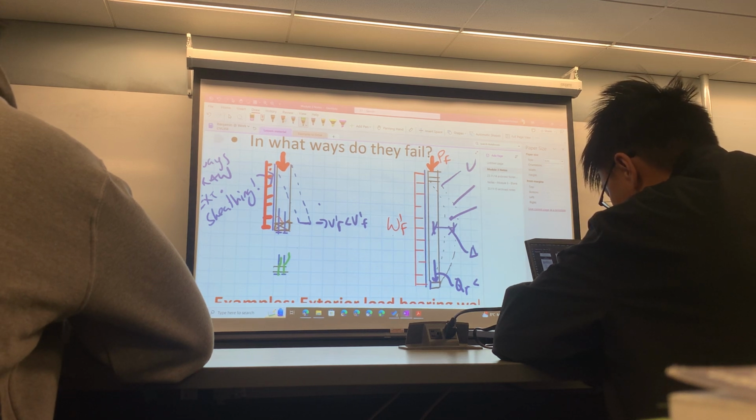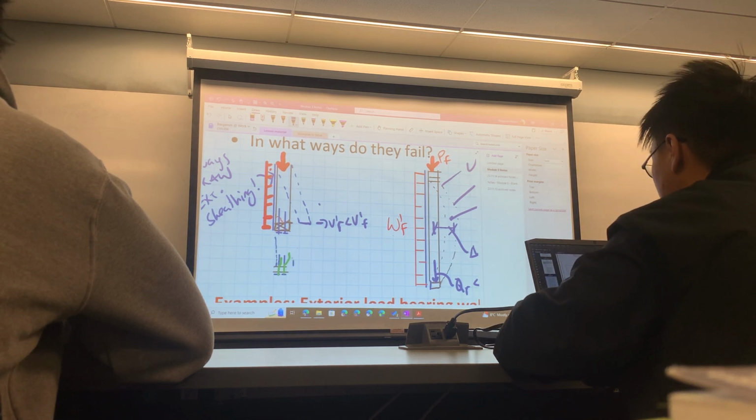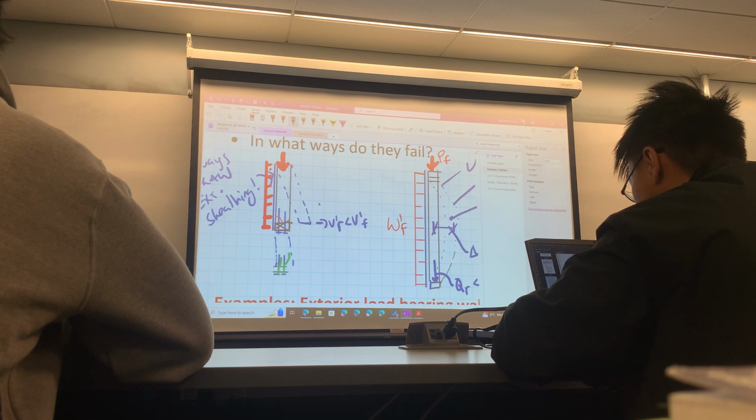Like that. Then you'll have this shifted. Okay, you're going to have a nail that's bending now.